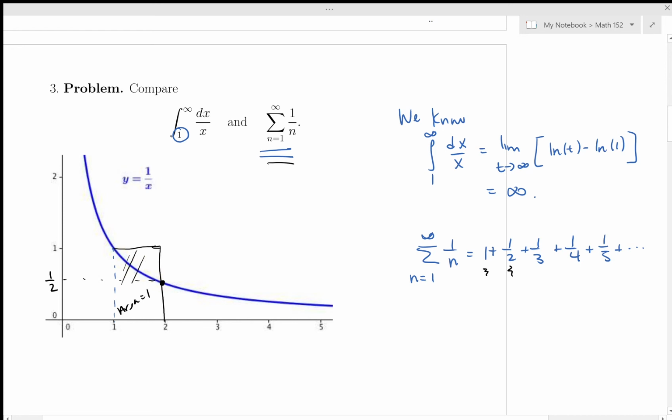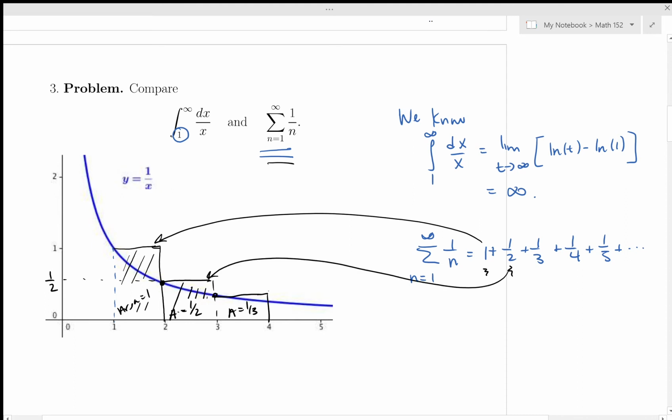So I've got this area here, then I've got this area here, and then this area here is 1/2, and then you can follow this logic along, and you'll see here that this area here is 1/3. And so when I'm adding these up, I'm adding up 1, 1/2, 1/3, etc. A quarter is going to be here like that.